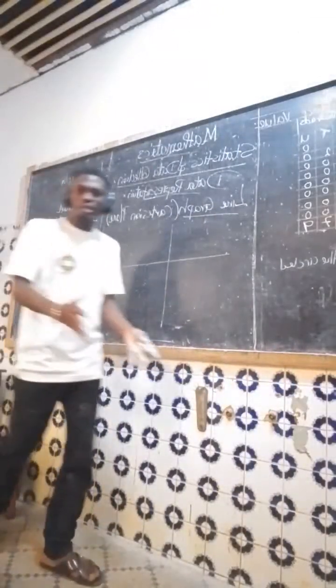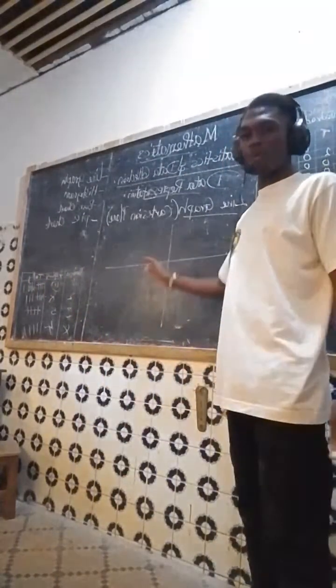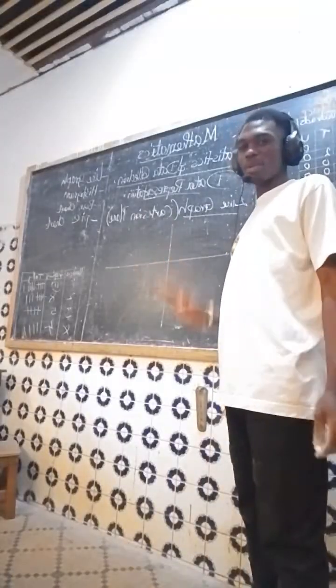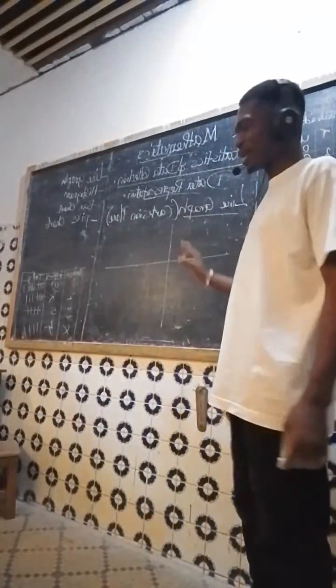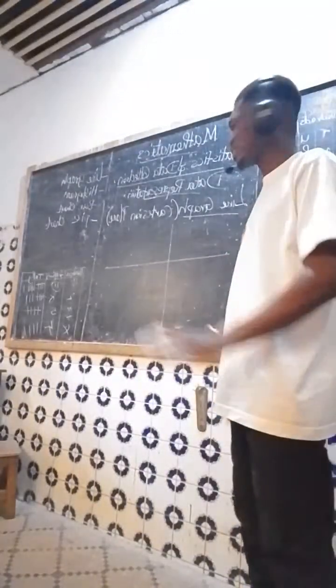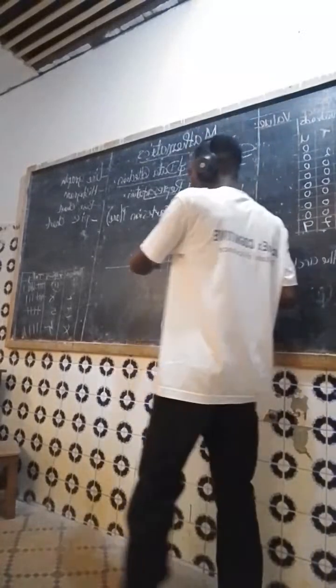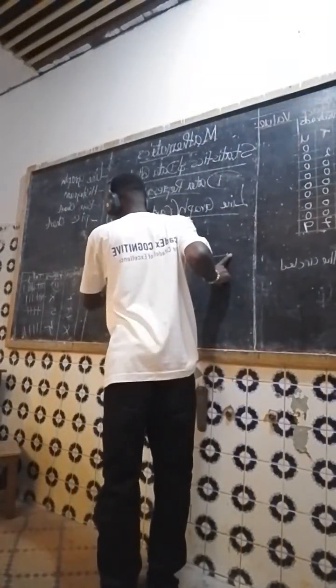At your level it has two axes, but normally the Cartesian plane has three axes: the x-axis, y-axis, and the z-axis. But know this and have peace: the Cartesian plane has two axes. This is the horizontal axis known as the x-axis.